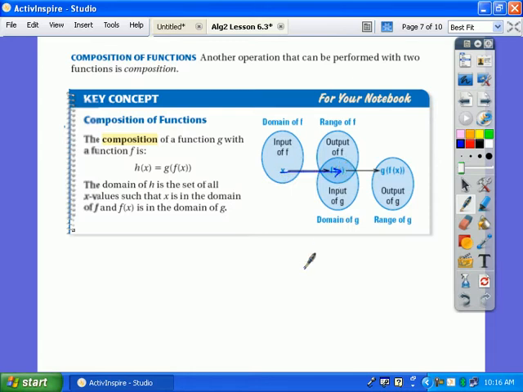Now I use that output as the input to this new function g, and I plug it into g, and I get some output in g. And that's the final output, the answer we're interested in. So it's basically like using two functions together.